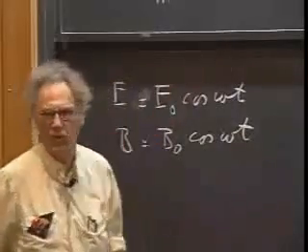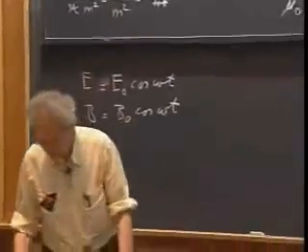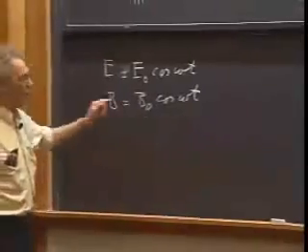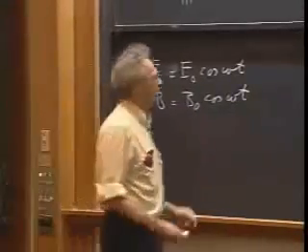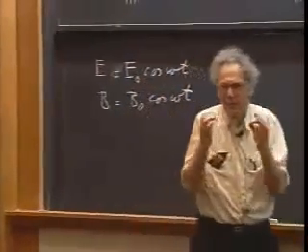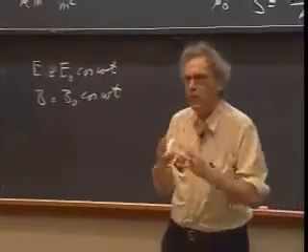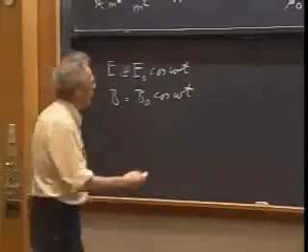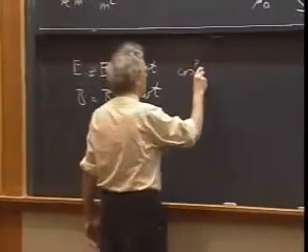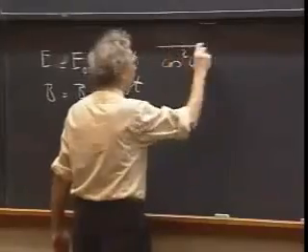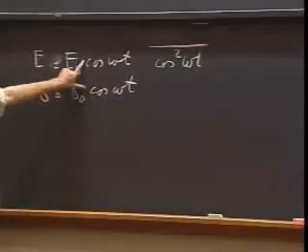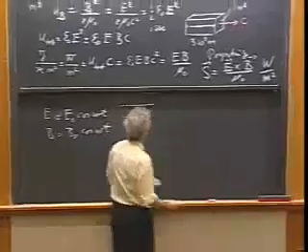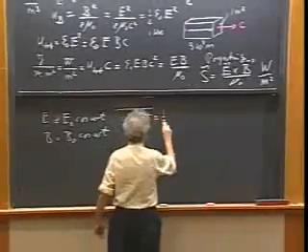So in the Poynting vector, you get the cosine squared of omega t. But since we're never interested in the Poynting vector on a timescale smaller than the period of oscillations, we want to know the average over many oscillations. What matters there is the average value of cosine squared omega t, one from the E and the other one from the B, and that is 1/2.